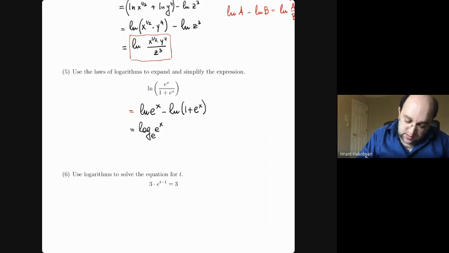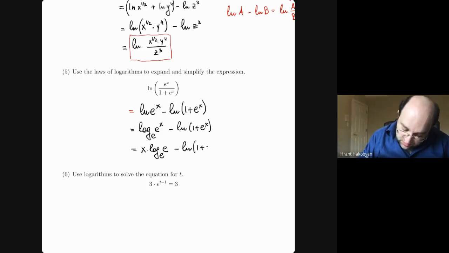So these e's cancel, and all you have is just the power, which goes to the front. So you get minus logarithm of 1 plus e to the x. If you want, I can write it like this: x times logarithm base e of e, minus logarithm of 1 plus e to the x. So this is just x.